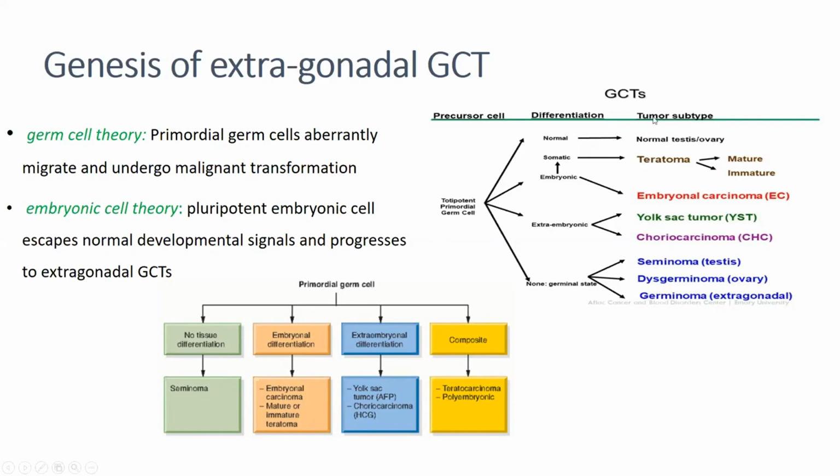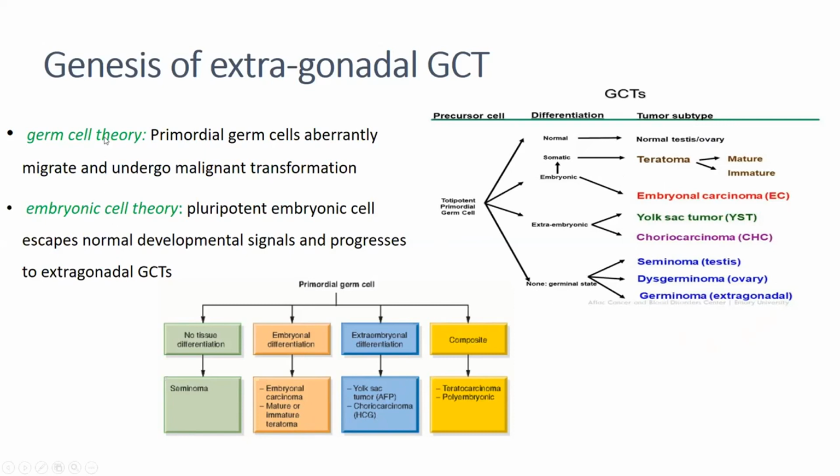This is the normal development. A totipotent primordial germ cell, when it has normal differentiation, will develop into a normal testis or ovary. But in case of abnormal differentiation, it will develop into germ cell tumors.